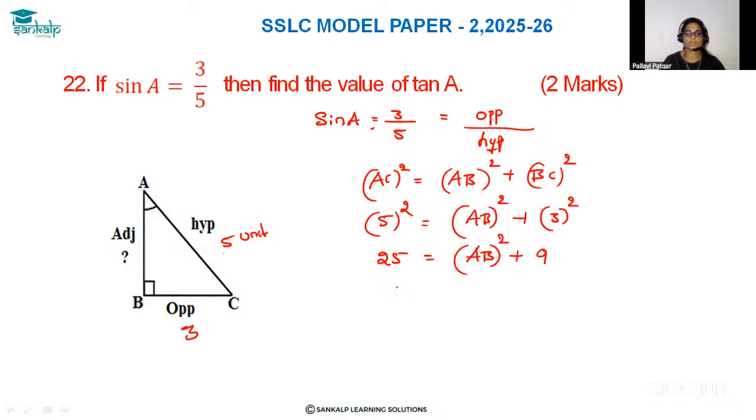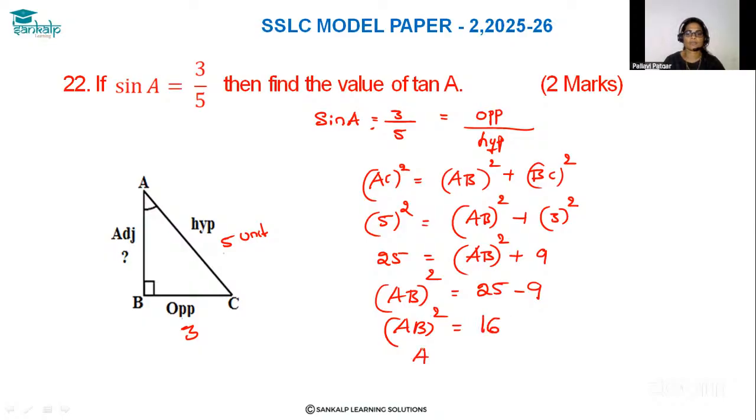Simplify this: AB square is equal to 25 minus 9, which is 16. So AB is equal to the square root of 16, which is 4 units. So the adjacent side AB is 4 units.